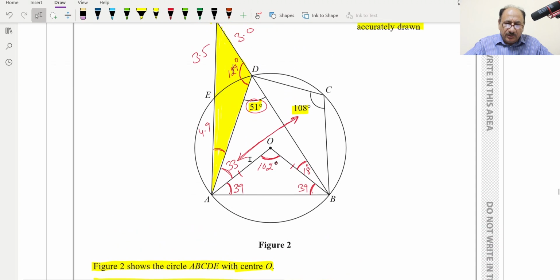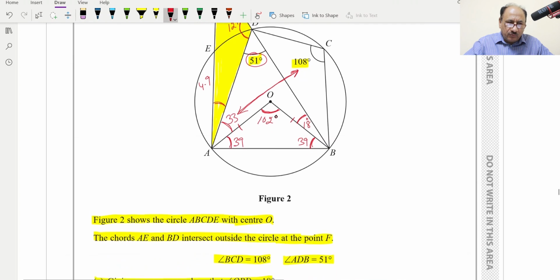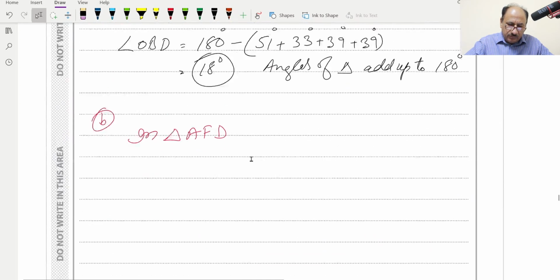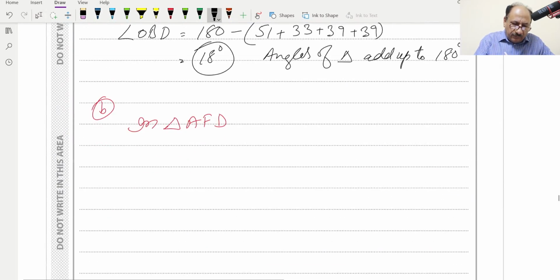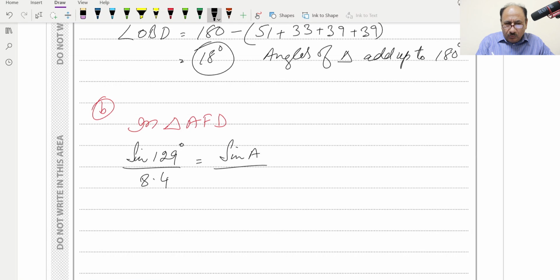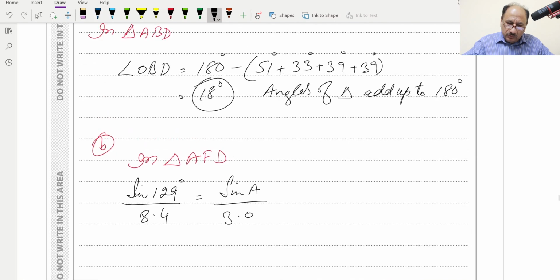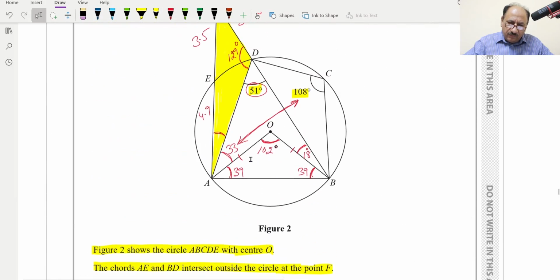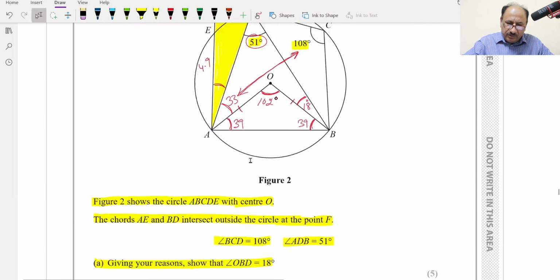The sine rule will be sine of 129 over the opposite side 3.8 plus 4.9, so sine of 129 degrees divided by 8.4 will be equal to sine of A over 3.0.